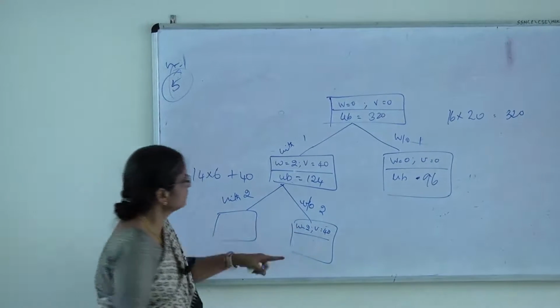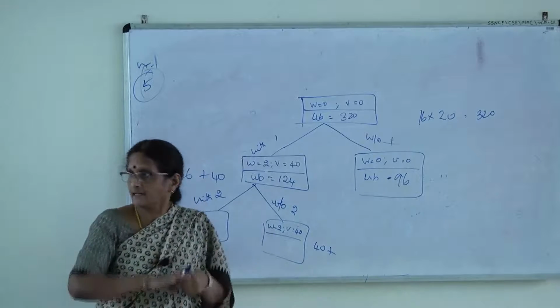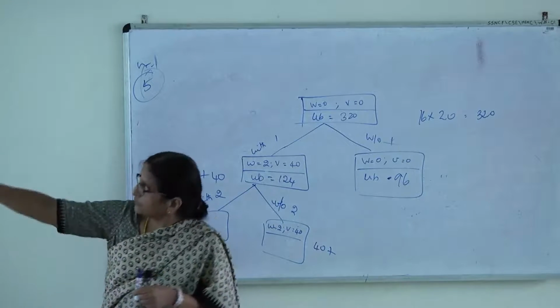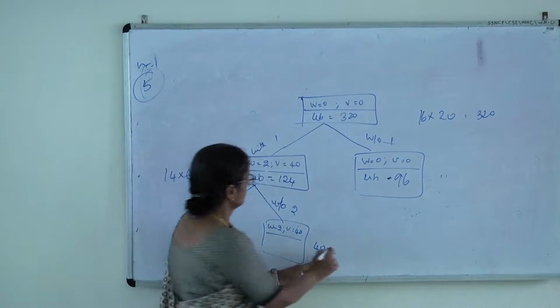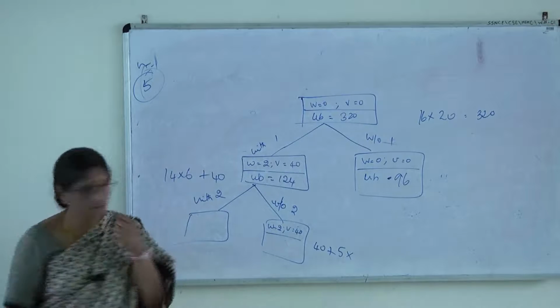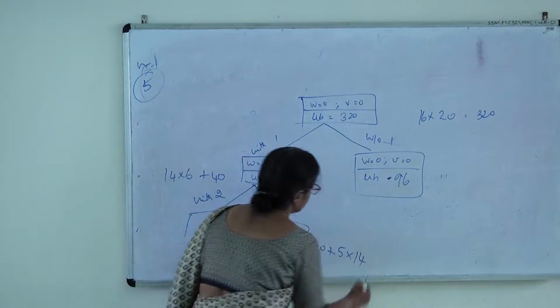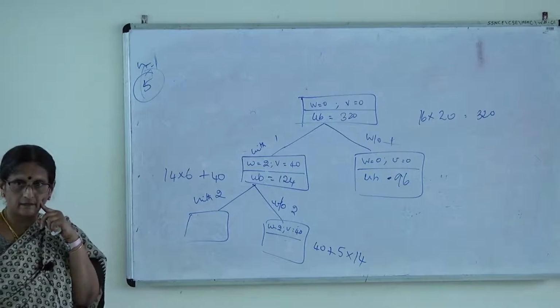So what will the upper bound be? The 40 I will add. I have decided I am not going to take 2. So the most valuable is 3, which is 5. 5 into the remaining space, how much? Check correctly, don't trust me. Correct?